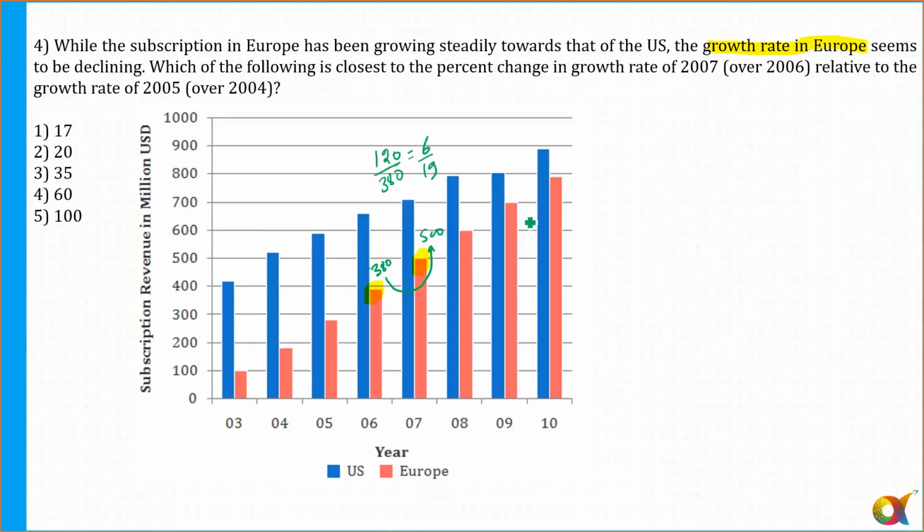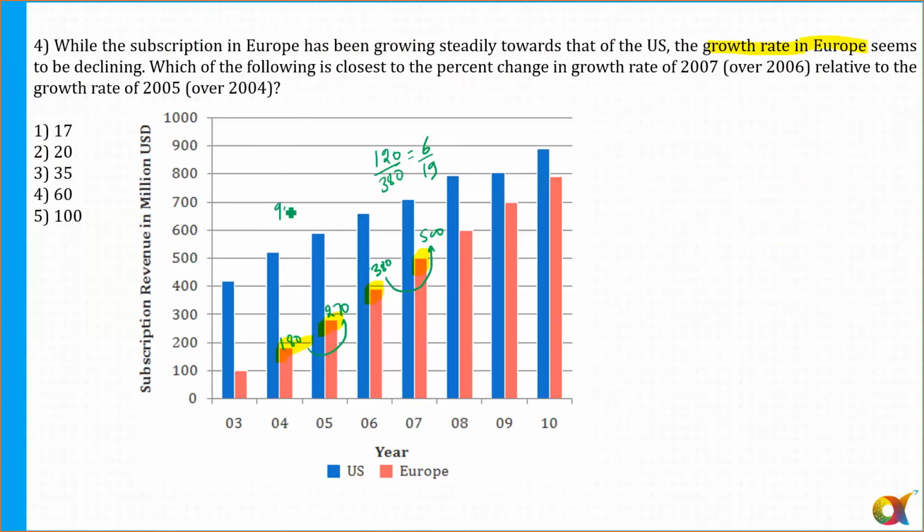Now, similarly, we need to find out the growth rate in 2005 over 2004. So you can see the data of 2005 and 2004. Okay. So 2004 is approximately equal to 180, and this value is approximately equal to 270. So what is the growth? 180 to 270, that is a change of 90.